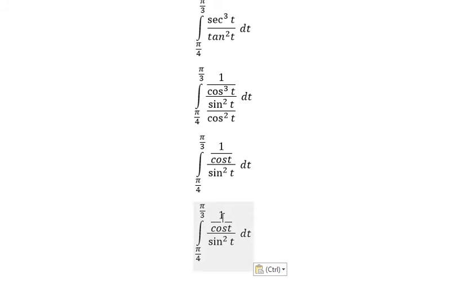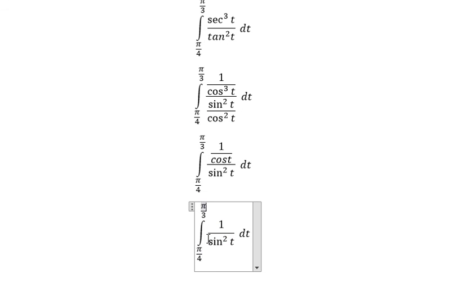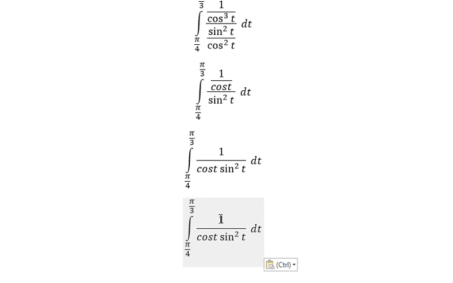So this one multiply with 1 over sine t squared. About number 1, we change for cosine t squared plus sine t squared.